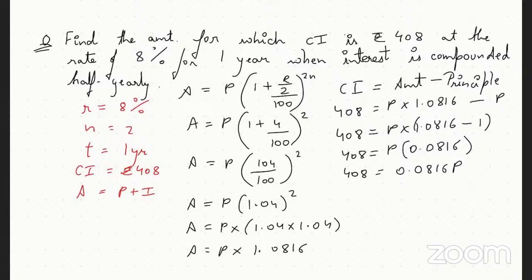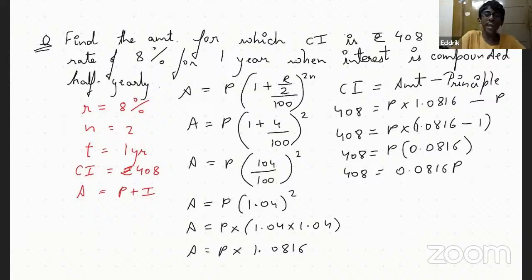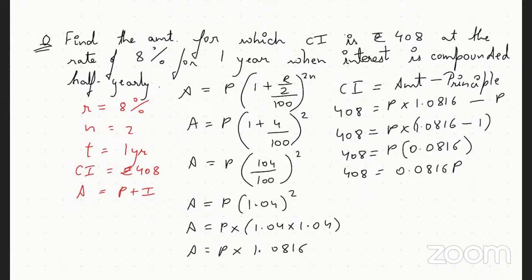sorry, ma'am, I did it an easier way. Yes, you did it an easier way. Yes, ma'am. Ma'am, you put decimal, no? So I put fraction instead of decimal. You put fraction? I said at the beginning that you can put fraction, you can put decimal. Anything you can put. Both are correct.